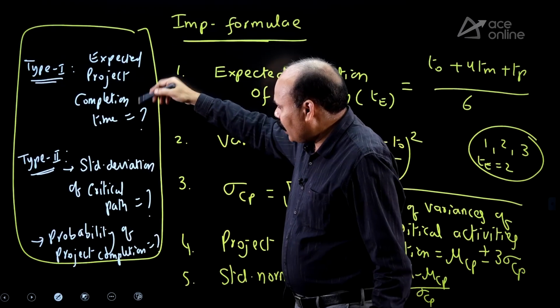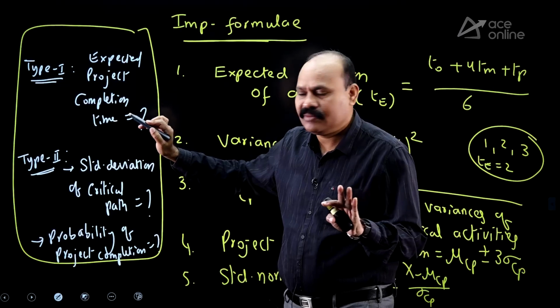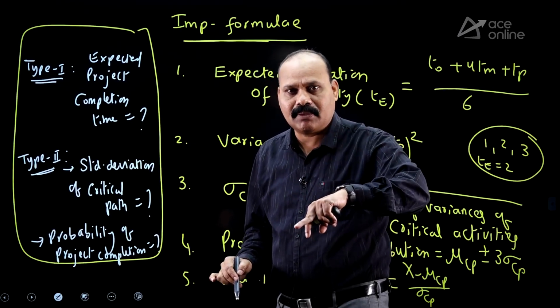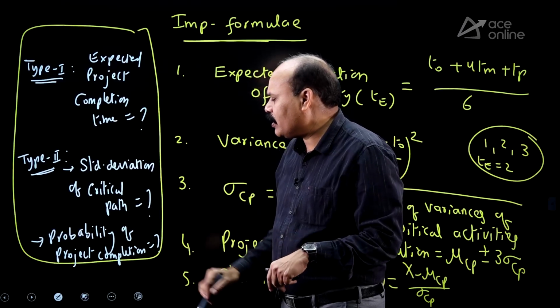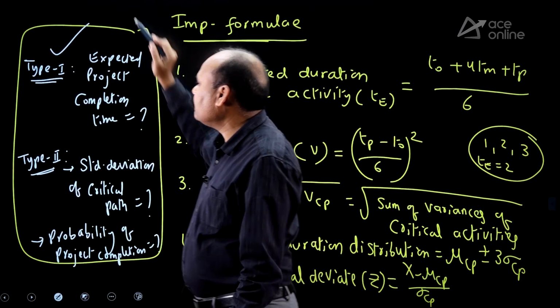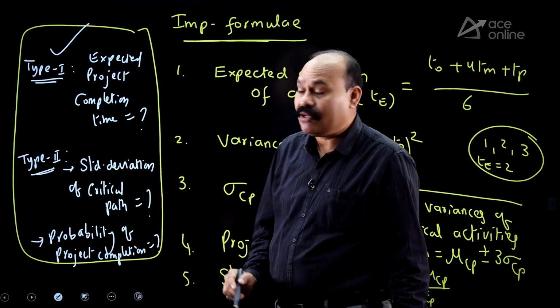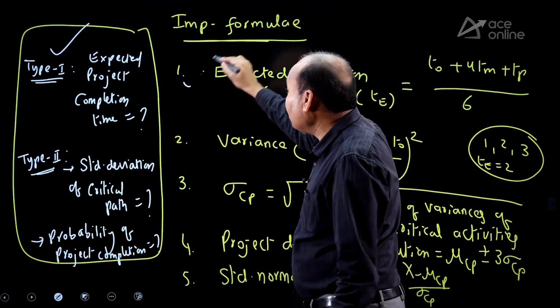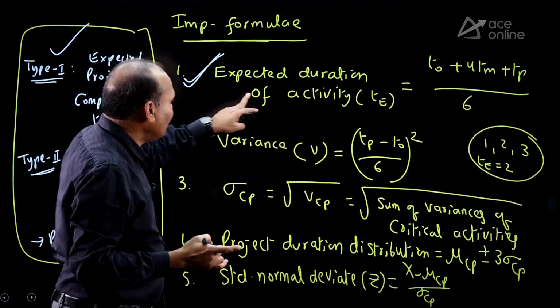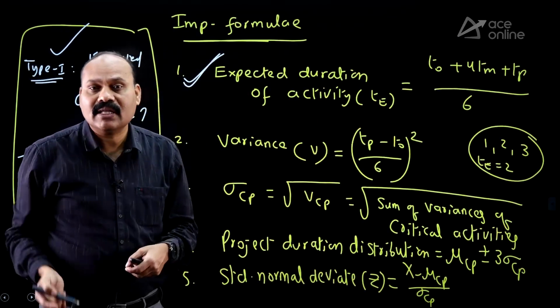So type 1 is very easy. Coming to type 2, extra calculation is required: standard deviation of critical path and sometimes probability of project completion. But in the majority of cases you will get only the expected project completion time. For this, the first formula is important. Expected project completion time, how do you find out? After having the TE value only we can get the critical path.